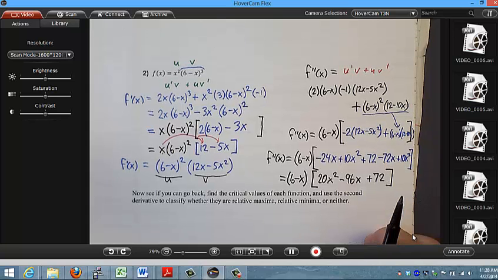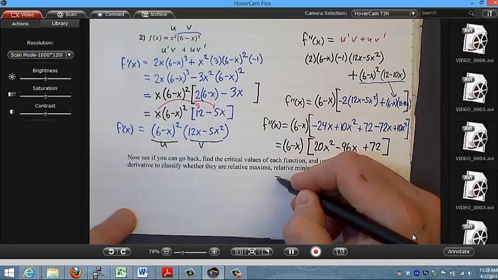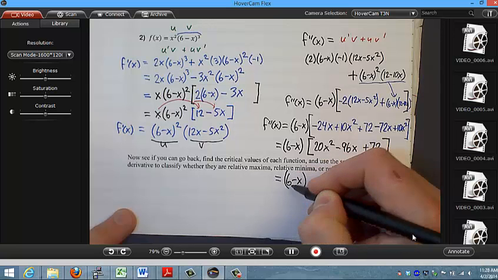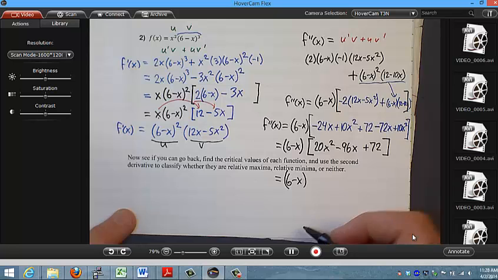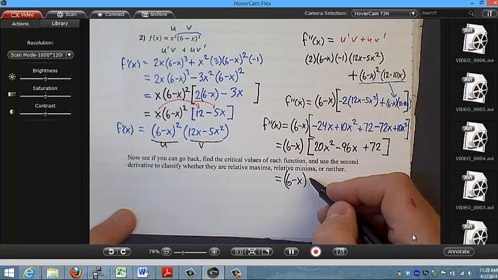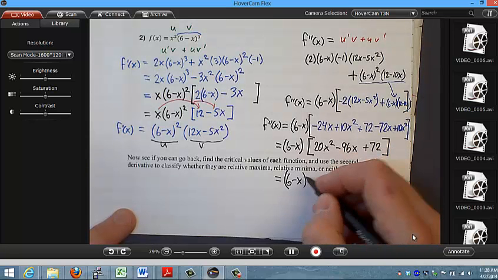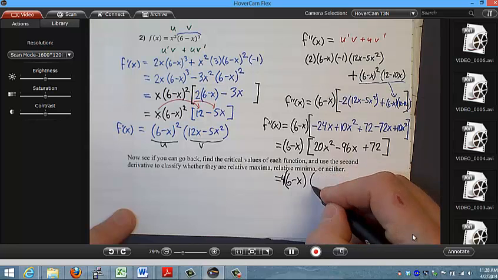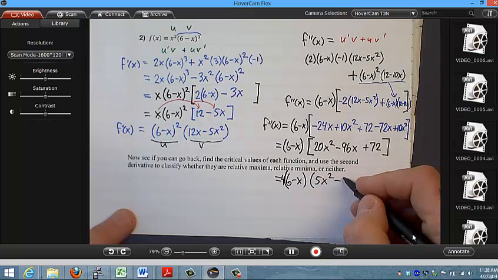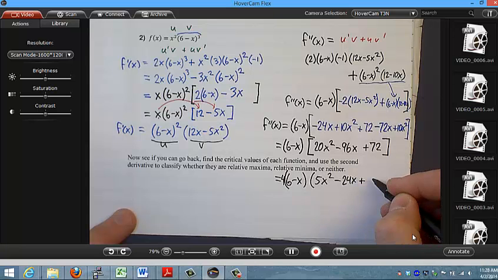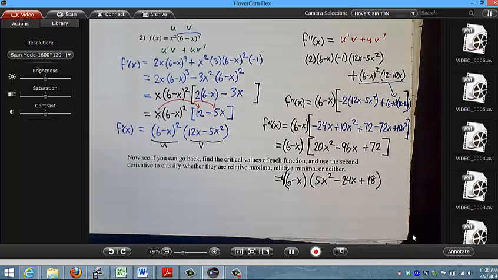So, matter of fact, I ran out of room. It's 6 minus x times, well, you know, you can take a 4 out of here. Well, 4 goes in each of those, right? So 4. And now I have 5x squared minus 24x plus 18. Wouldn't it be great if that thing actually factored, the 5x squared minus 24x plus 18? I don't see how it factors. I have no idea.